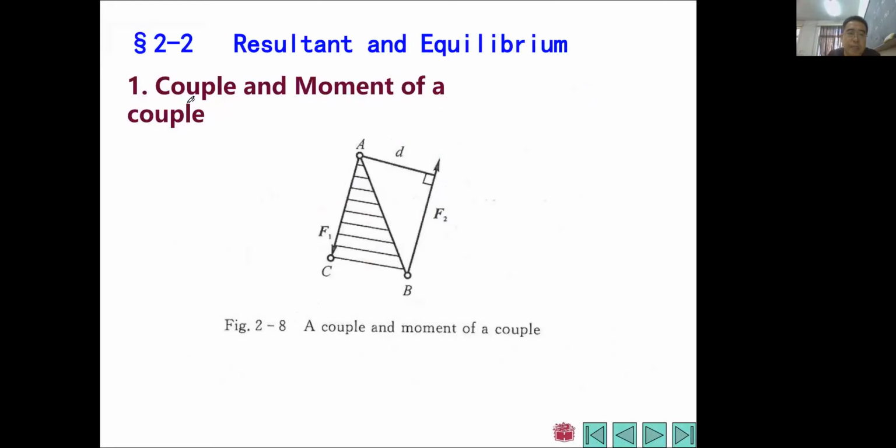This word couple, I think in English, maybe it means two, right? To describe a wife and husband, maybe we should use this word couple, right? Actually, couple here in our course, in Chinese, we call that.